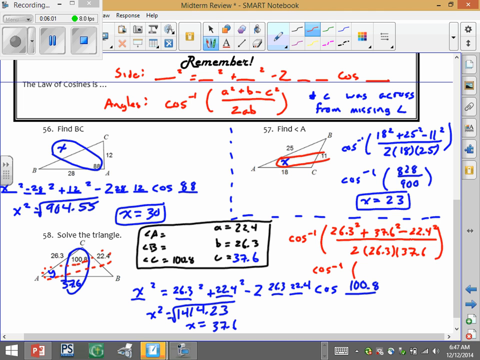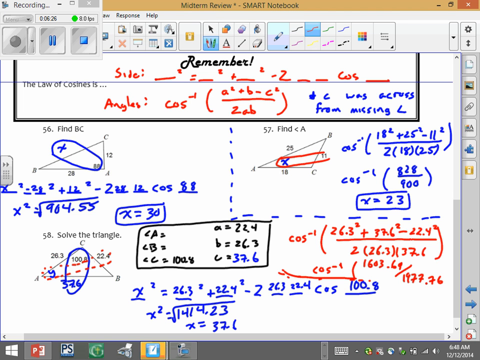So 26.3 squared plus 37.6 squared minus 22.4 squared is 1603.69, over 2 times 26.3 times 37.6, which is 1977.76.